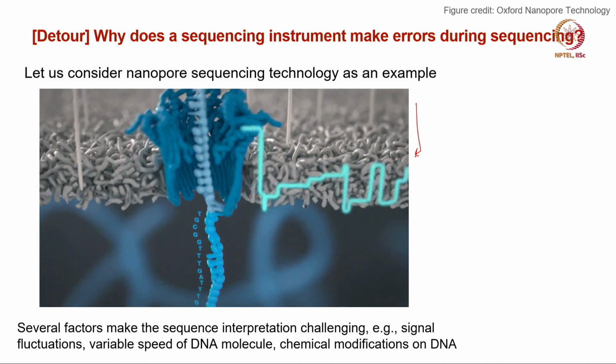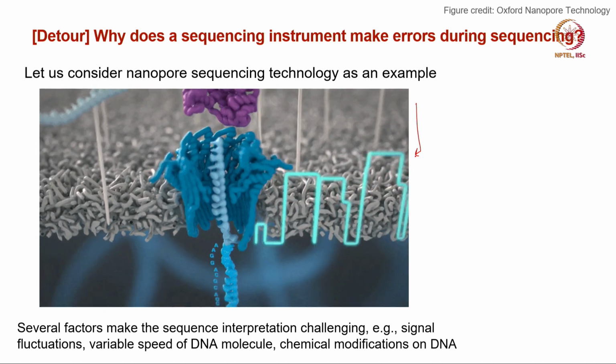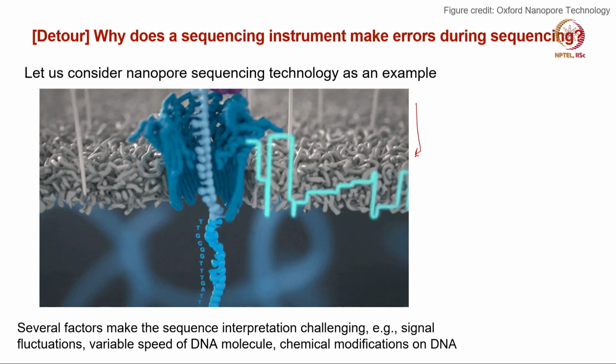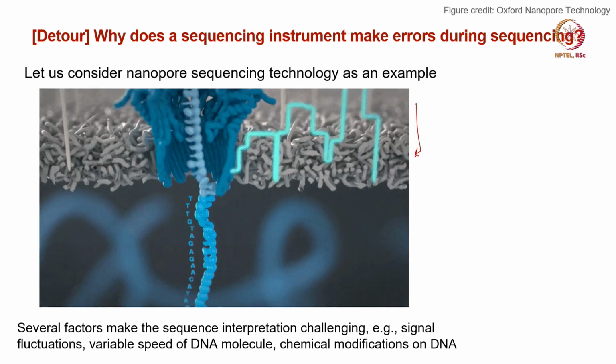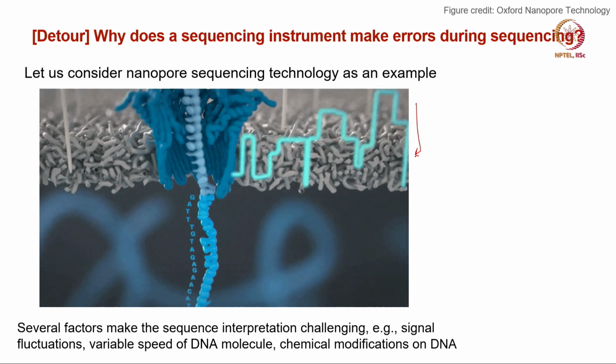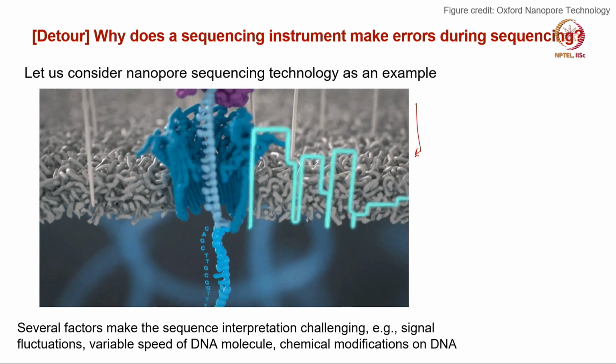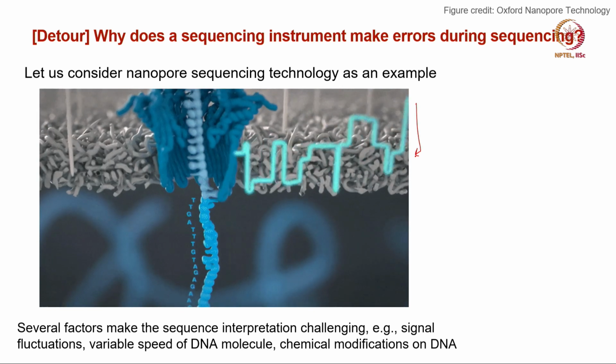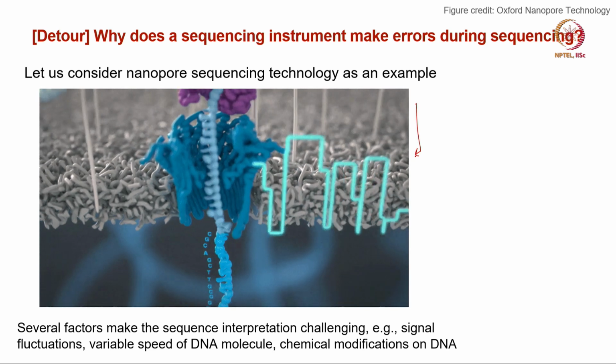It turns out that depending on the composition of the sequence passing through the pore, these electric signals will fluctuate. So, the modeling is done in a way to infer the genome sequence corresponding to these electric signals.